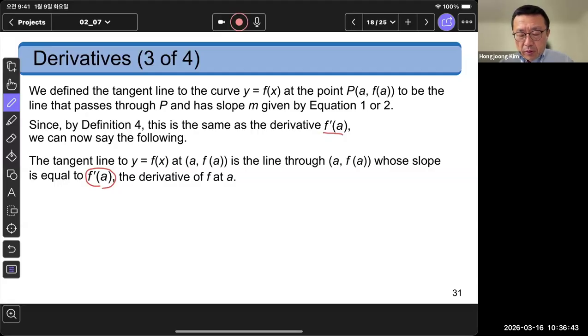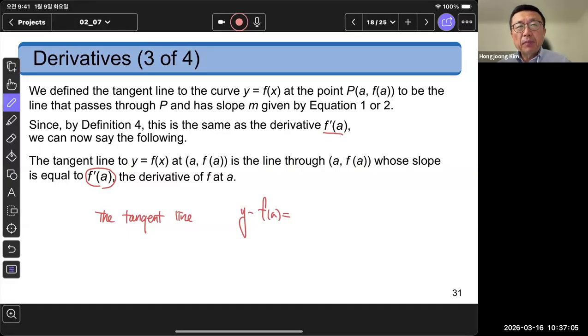So if I use this f prime of a, then the tangent line has the equation y minus f of a equals the slope m times x minus a.